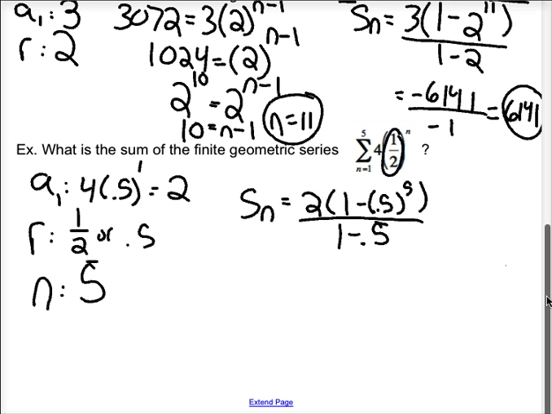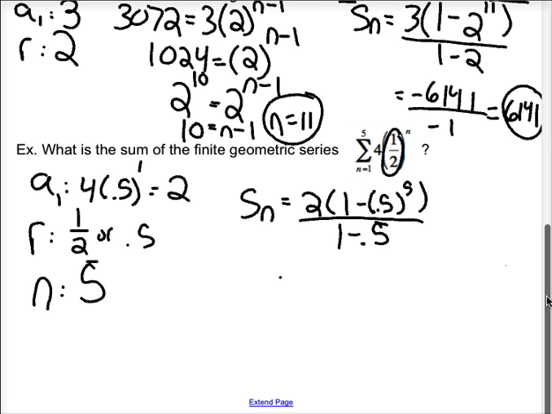All right, so we have it written in. Now here, again, you have to be very, very careful in how you use your parentheses. So I'm going to calculate the top first: 2 times 1 minus 0.5 to the 5th power.